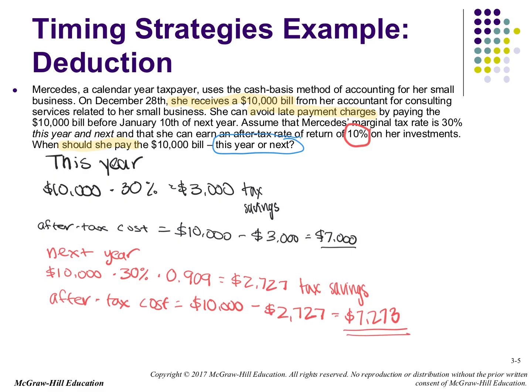So let's highlight our answers here. Now that we've done the math, the question we want to answer is, should we pay this bill this year or next year? If we look, we would want to pick this one.